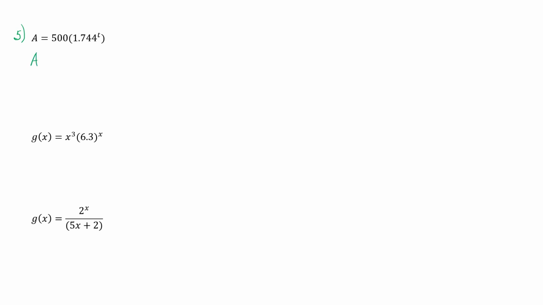So a prime is equal to 500 times the natural log of 1.744 times 1.744 to the t. And we don't multiply the 500 times the 1.744. You cannot stress that enough.